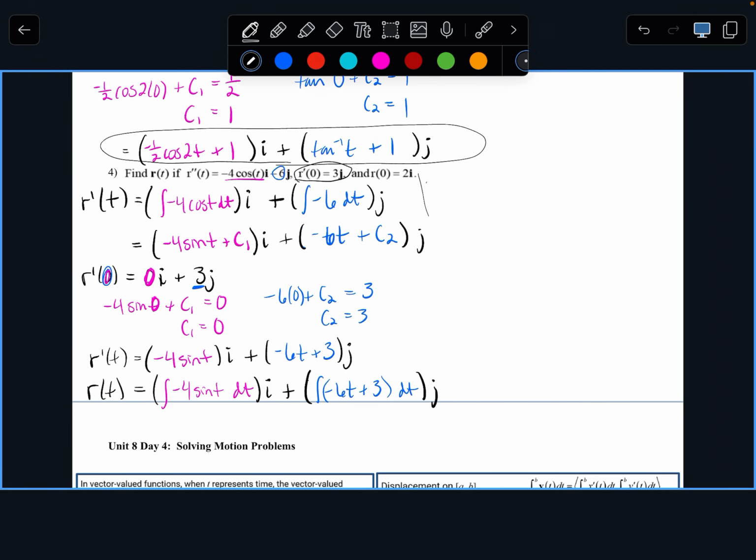Okay, we can do this. It's going to be +4 cosine t plus c sub 3.